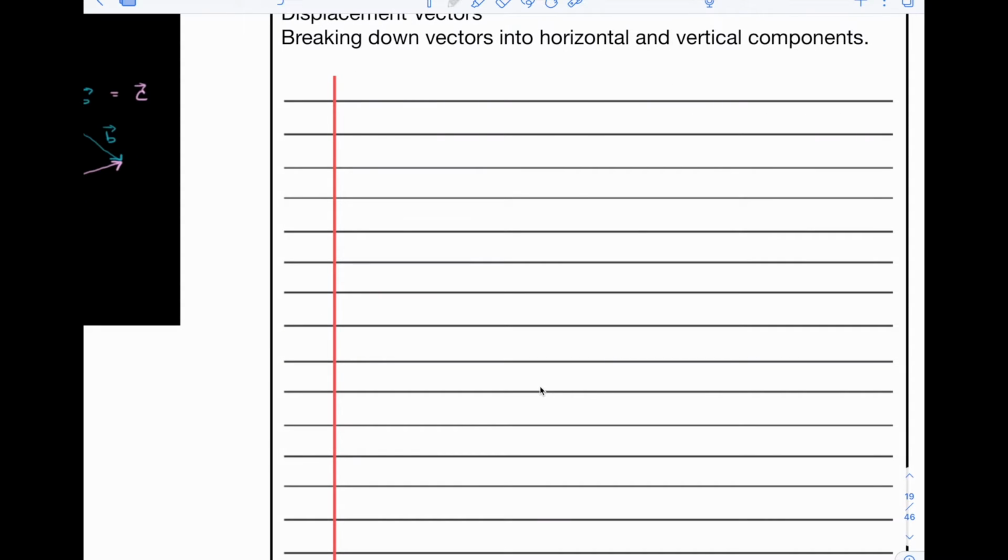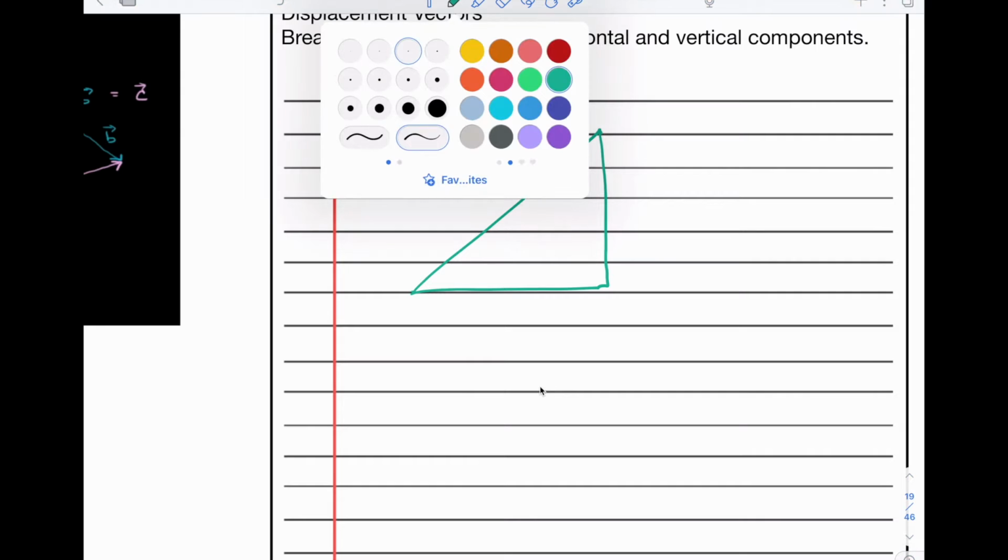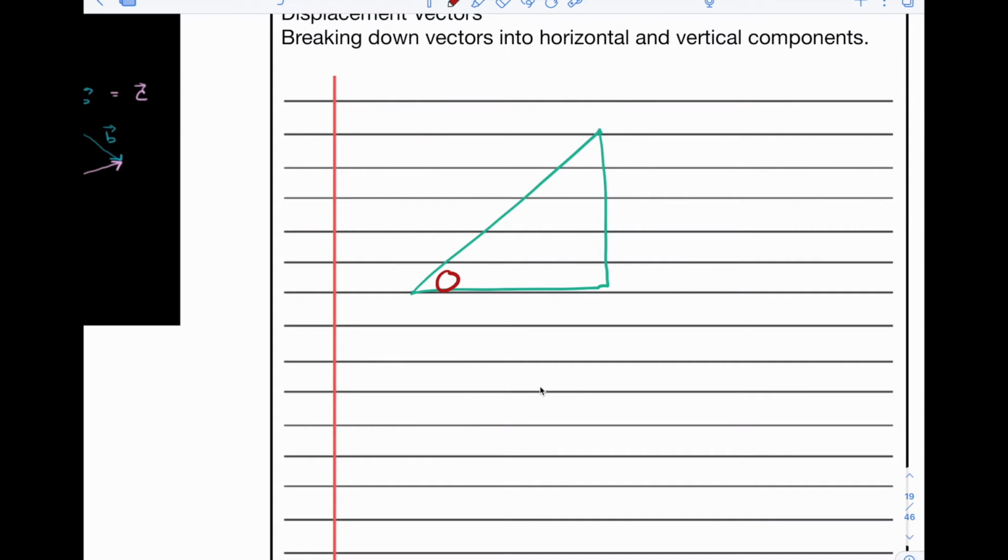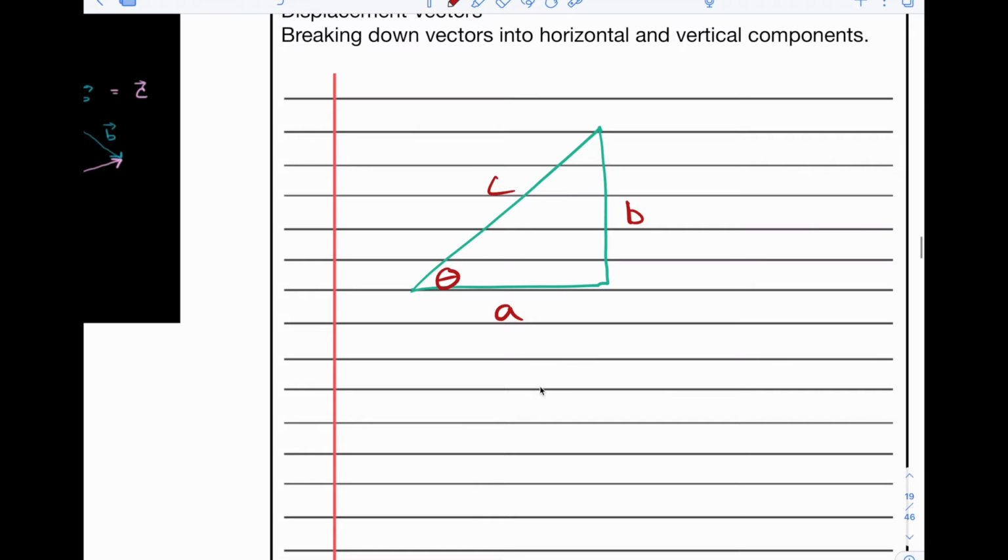So let's clean this up a little bit. We have our triangle, which is going to be here. We have our angle that we're talking about, and then we have A, B, and C. Just as a reminder, A represents the length of that side, B represents the length of this side, and C also represents the length of this side here.